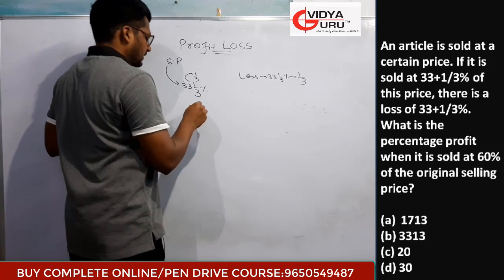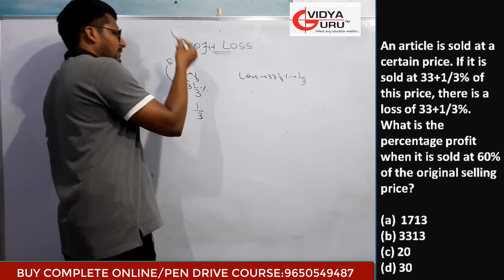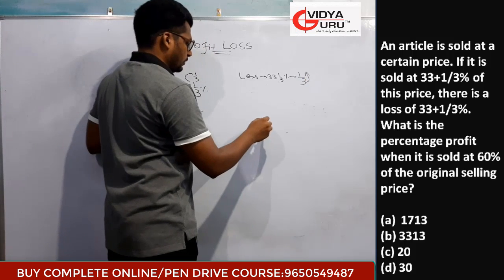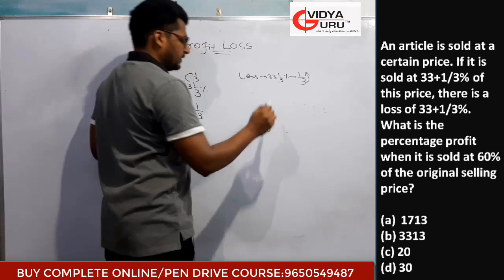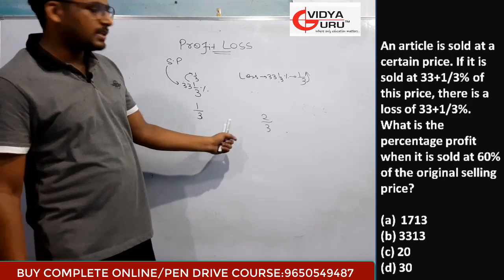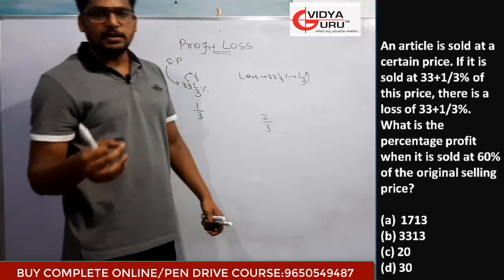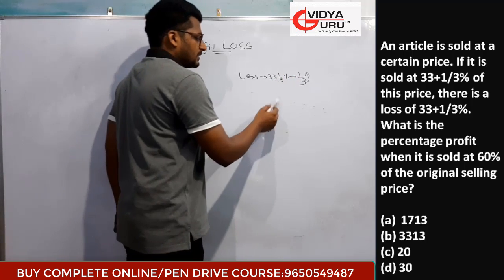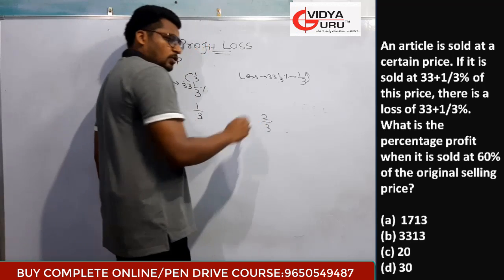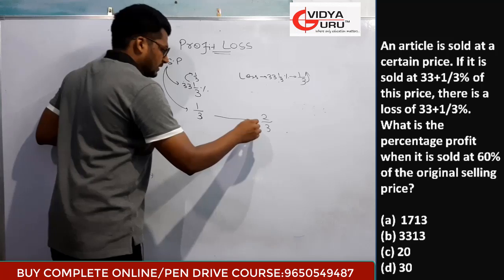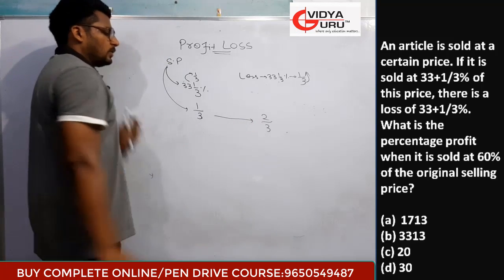That means I am selling the goods at 1/3 of this SP, and if there is a loss of 1/3, that means this value is equal to 2/3 or 66.66, because there is a loss of 33.33. 33 and 1/3 is nothing but 33.33, so it will become 66.66, which is 2/3. When I sold goods at 1/3 of SP, there is a loss, that means this value is equal to 2/3.